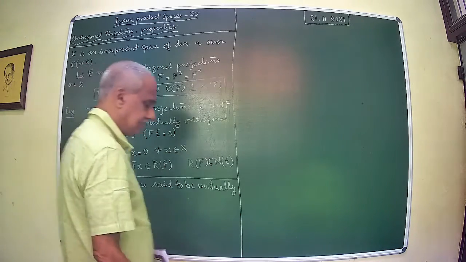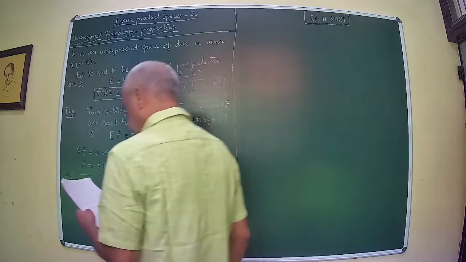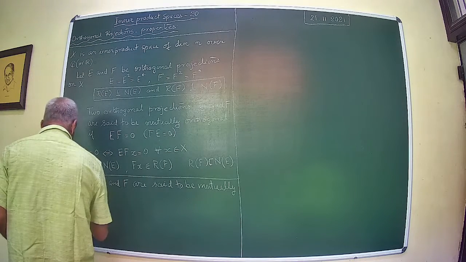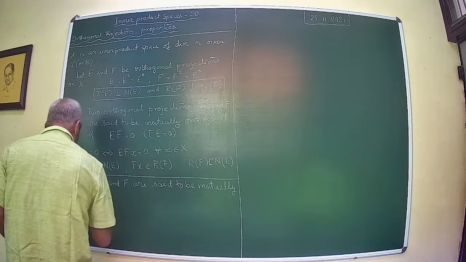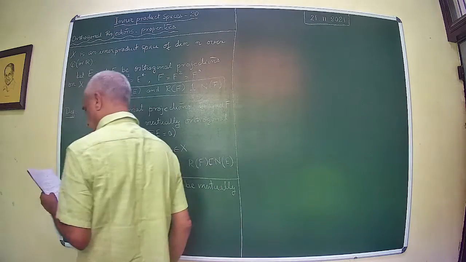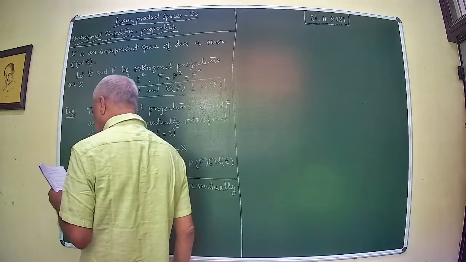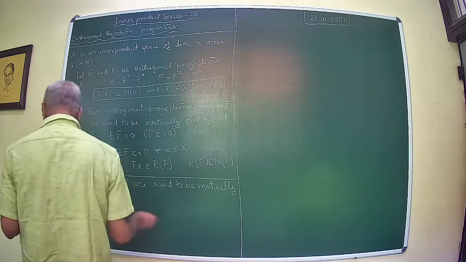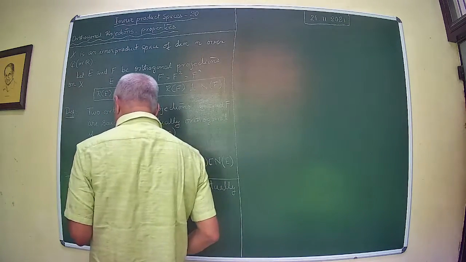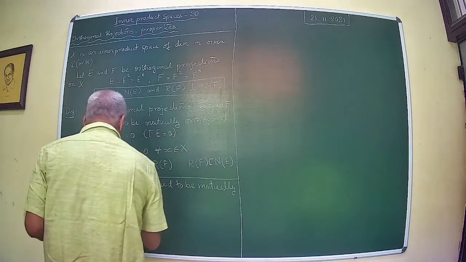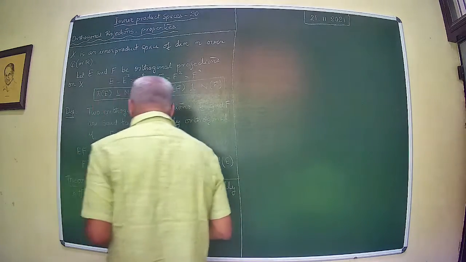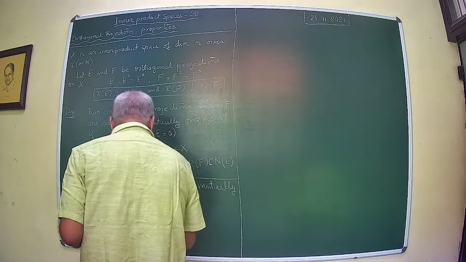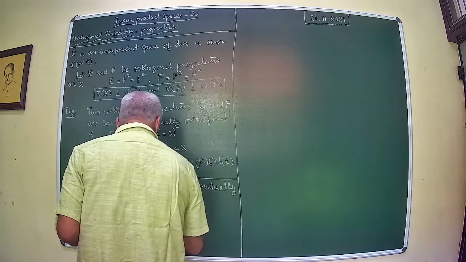We will characterize the mutually orthogonal projections: EF equal to 0 if and only if range of E and range of F are orthogonal.